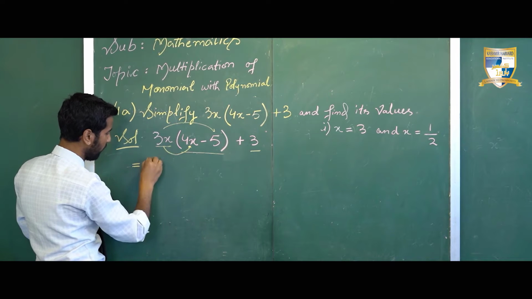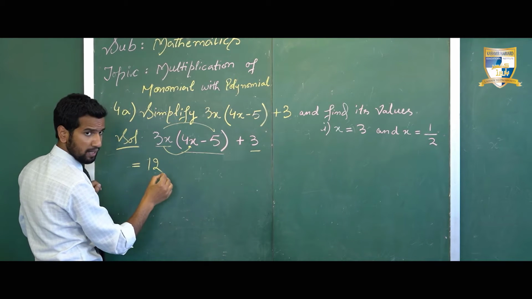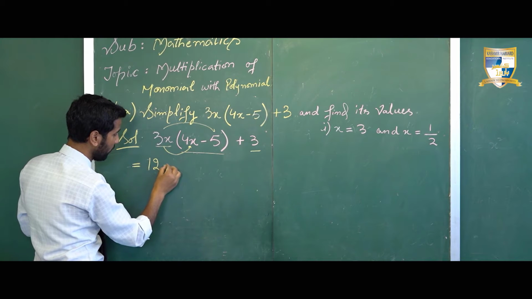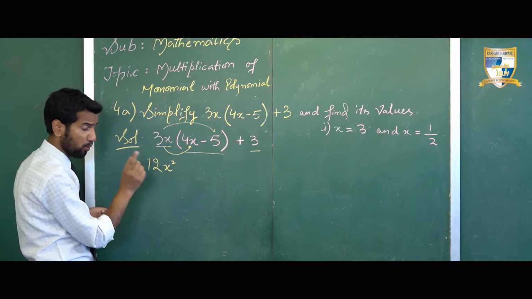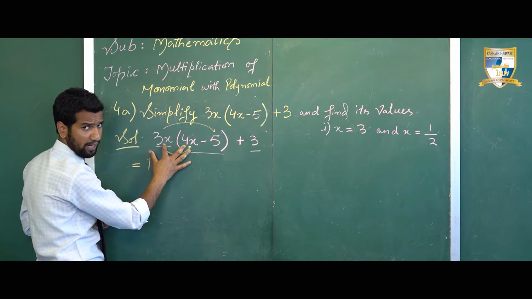3 into 4 will be equal to 12 and x into x will be equal to x square. So this 12x square is the product of 3x and 4x.